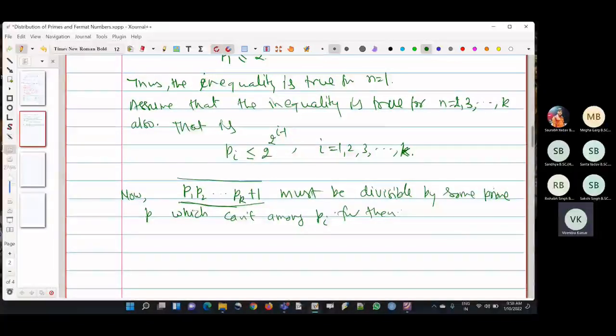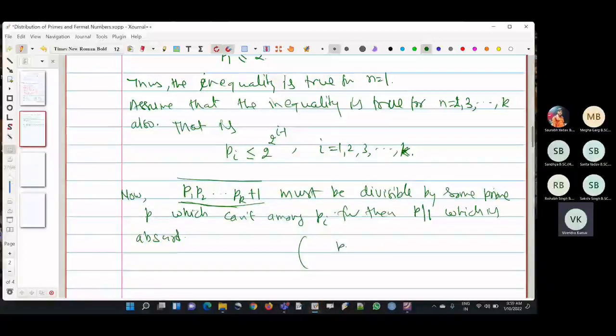Suppose p is among some pi's. Then p should divide 1, which is absurd. You know why?